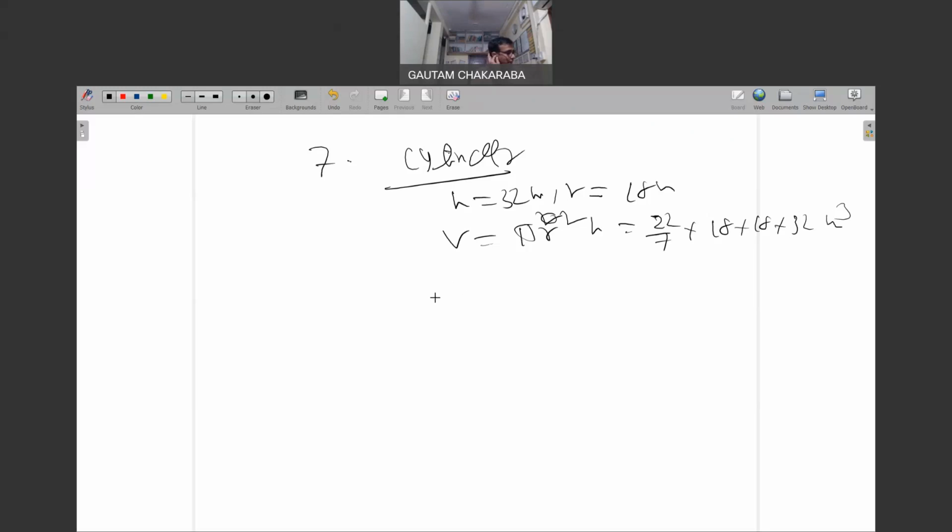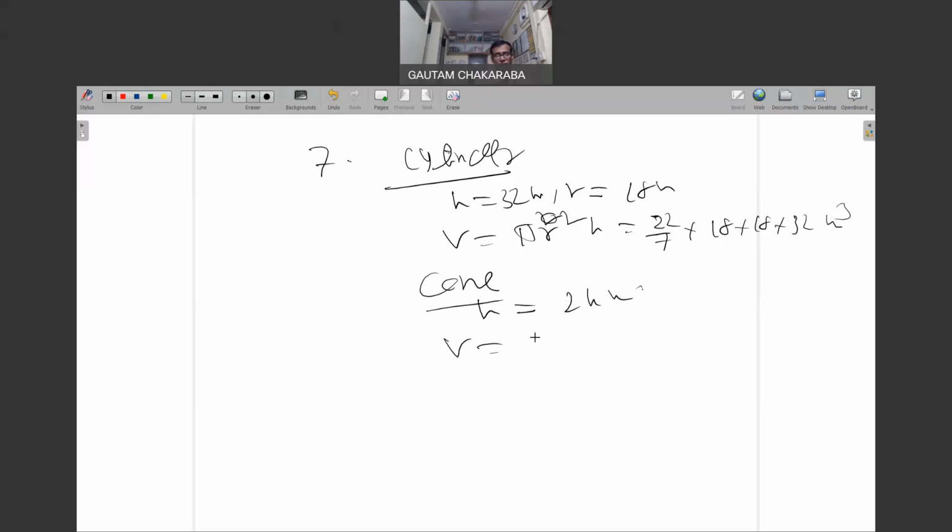this bucket is emptied on the ground and makes a conical shape. Find the radius, given the height of the cone, which is 24 centimeter.